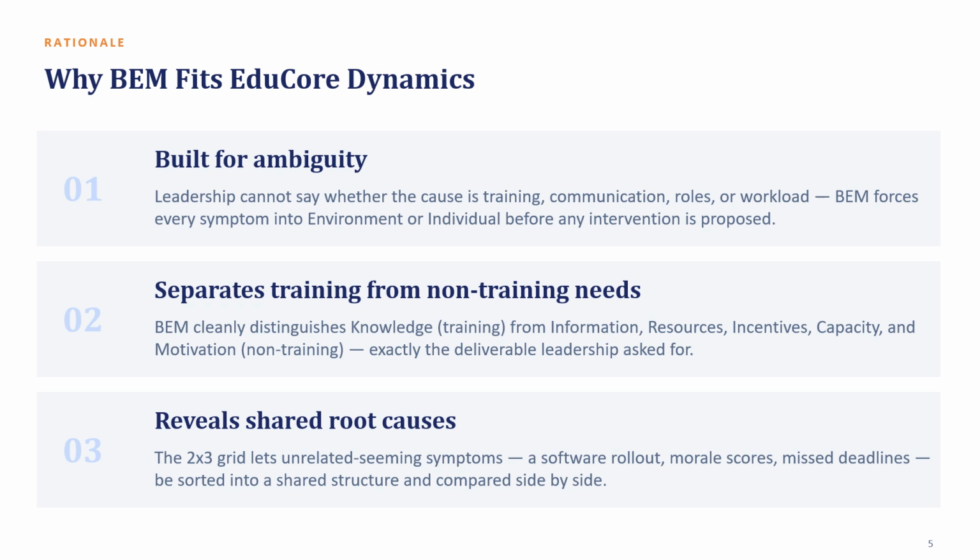It clearly distinguishes knowledge, which is training, from information, resources, incentives, capacity, and motivation, which are non-training needs. And 3, the model reveals shared root causes. The grid lets unrelated seeming symptoms like software rollout, morale scores, and missed deadlines be sorted into a shared structure and compared side by side.